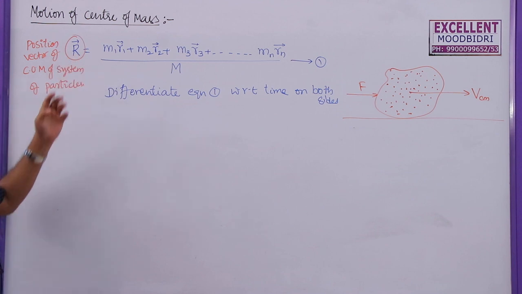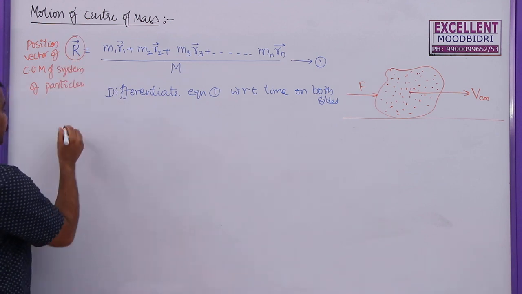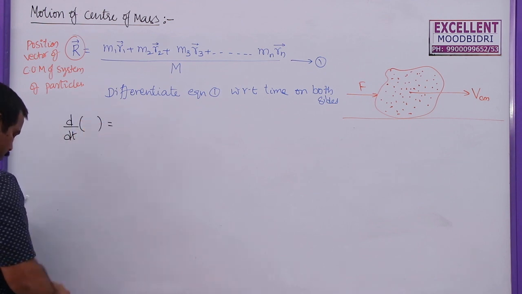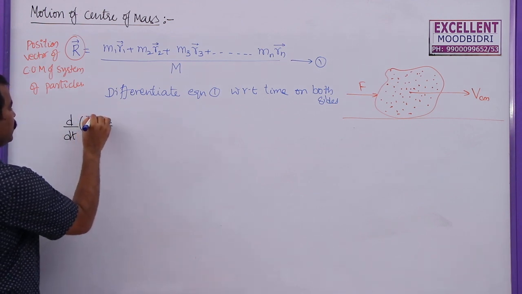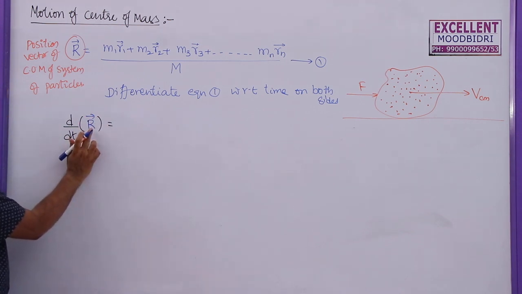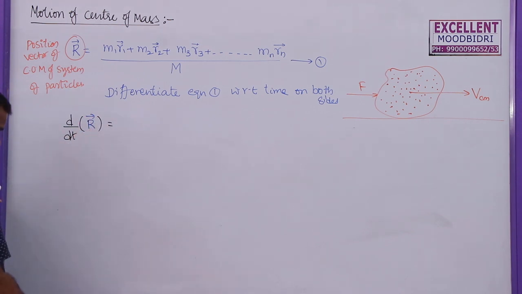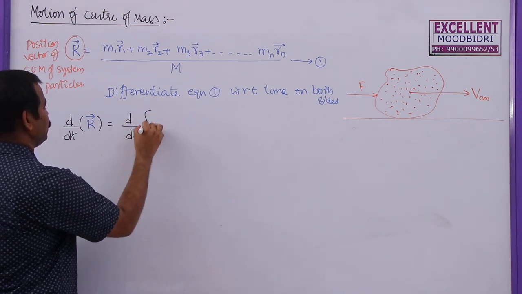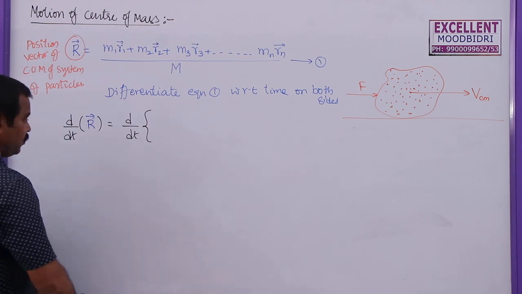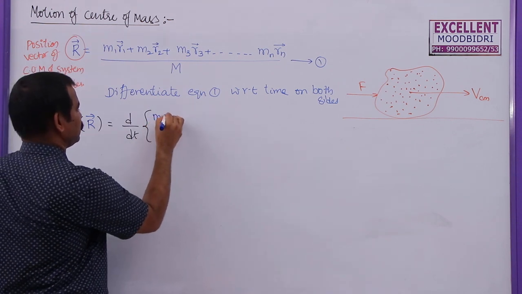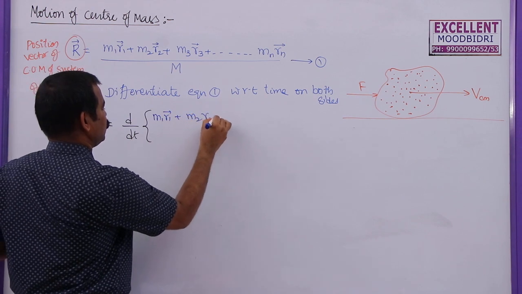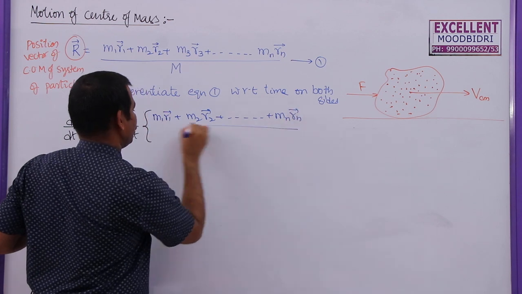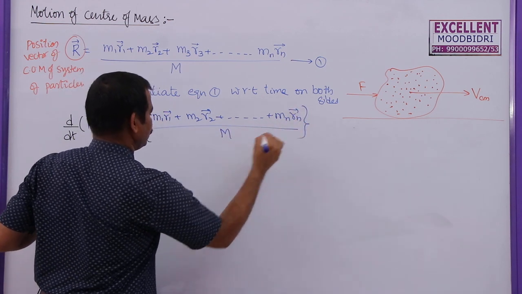So I am differentiating the position vector of the center of mass with respect to time on the left side, d by dt of R bar, and this is equal to d by dt of m1 r1 plus m2 r2 and so on, mn rn, by total mass M.